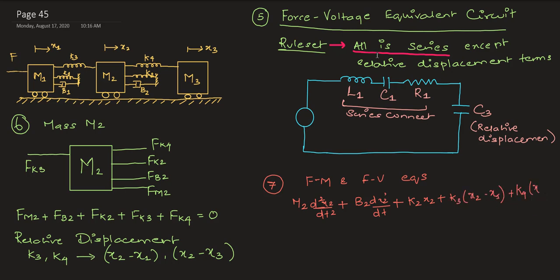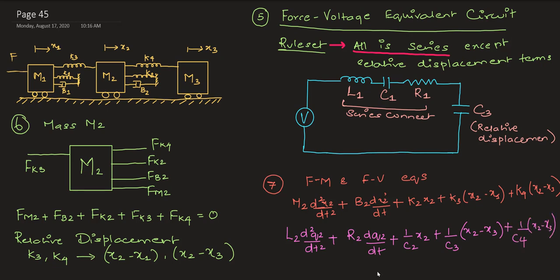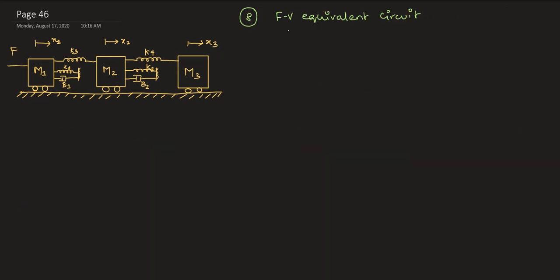K2, B2 and M2 translate to L2, R2 and C2, which are in series, and the relative displacement components K3 and K4 translate to C3 and C4, which are in parallel. Good. So that is the force voltage equivalent for my mass M2.